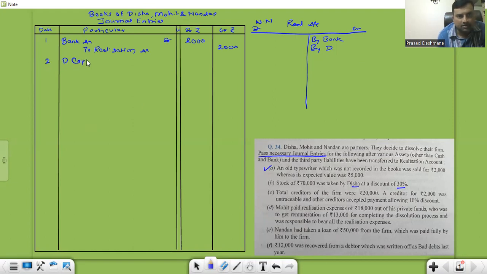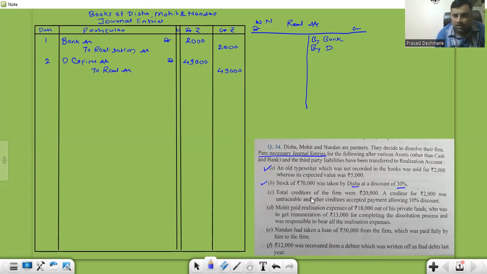Disha's capital account debit to realization. 70,000 minus 30% is how much? 49,000. After subtracting 30%, the cost comes to 49,000. So she took it for 49,000. Okay, this is also done.